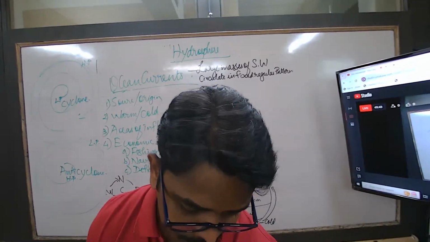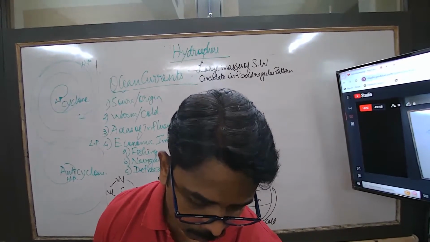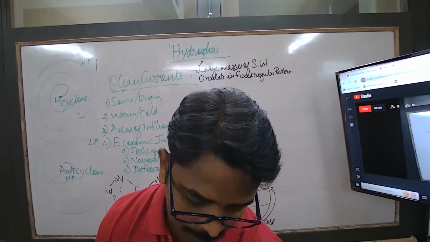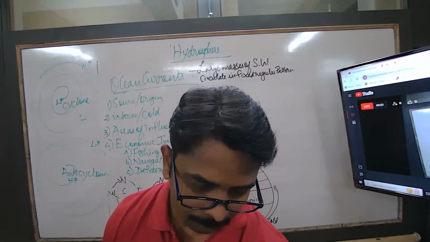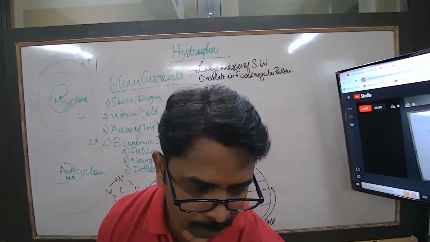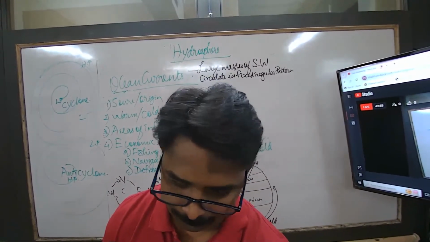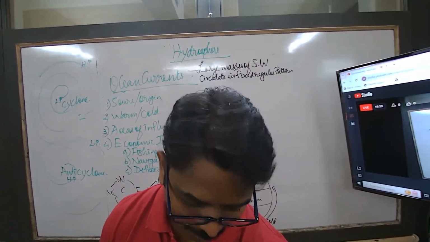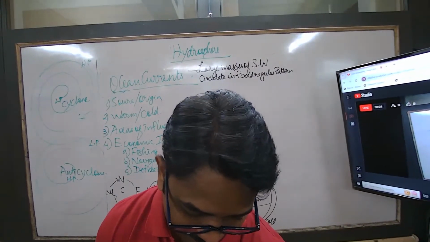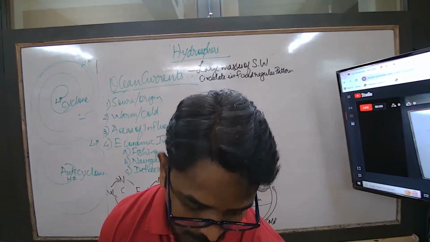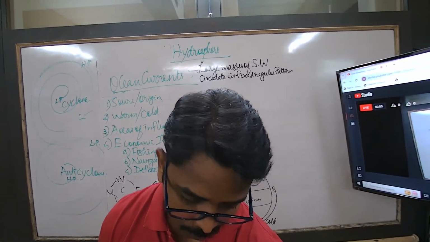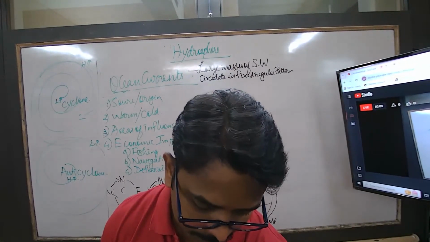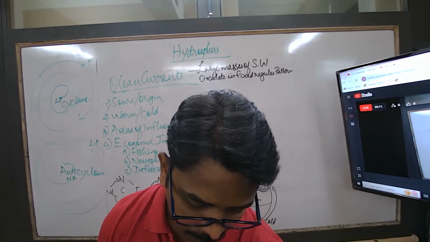Next point, due to the rotation of the earth, it reaches Europe and is named NAD.